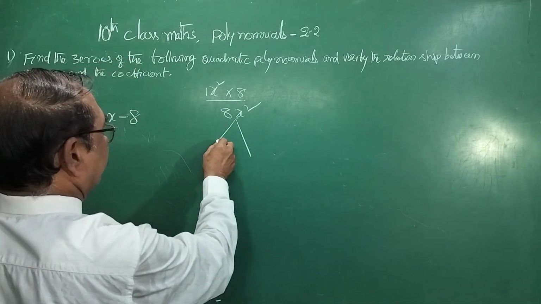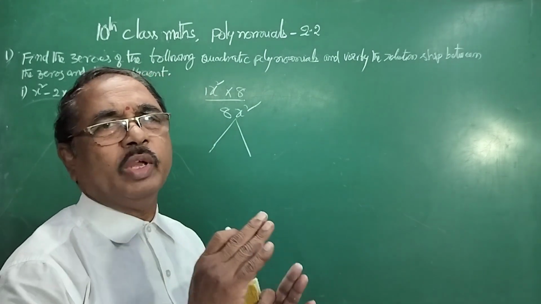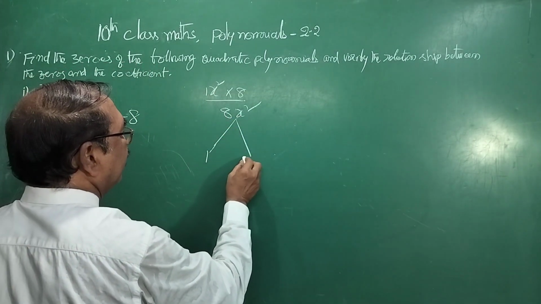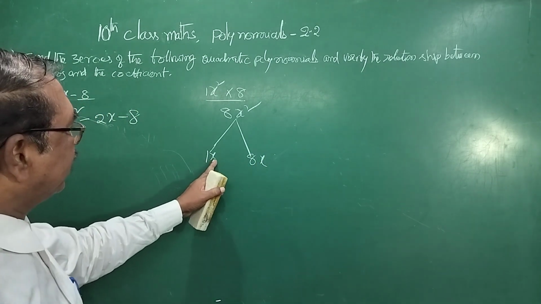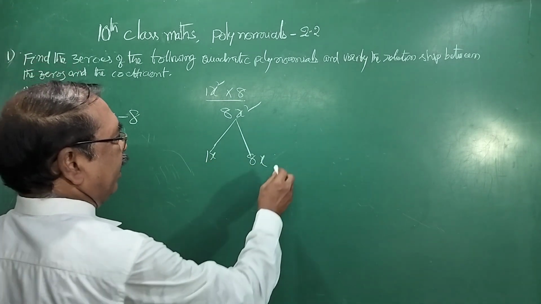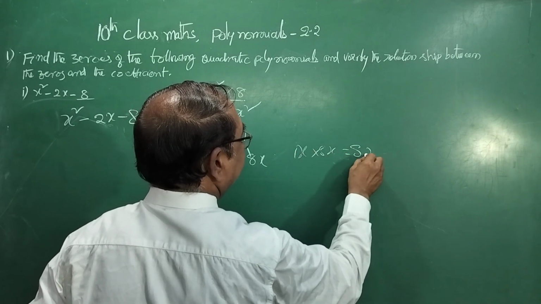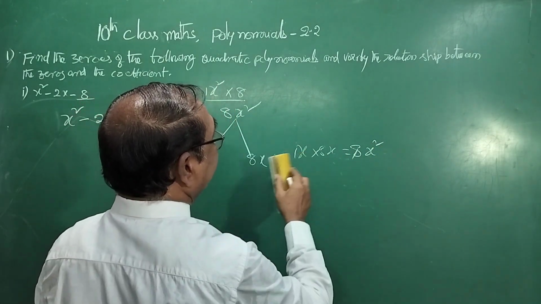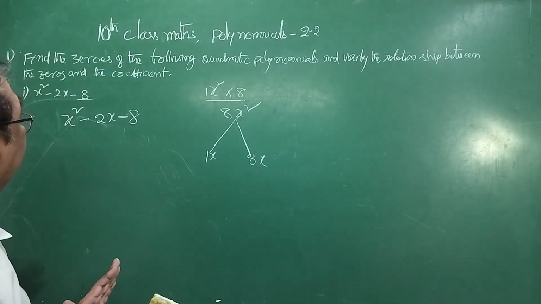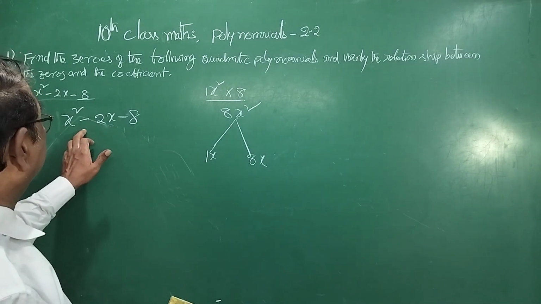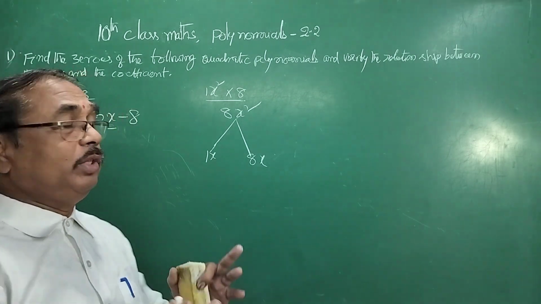Let us see the factors of 8x square. Let us separate it. 1x into 8x. That is 1 into 8, x into x, 8x square. But when we add these two factors, it must be equal to the middle term.